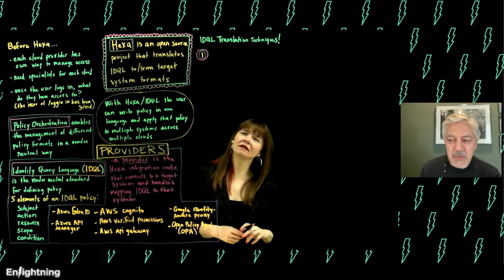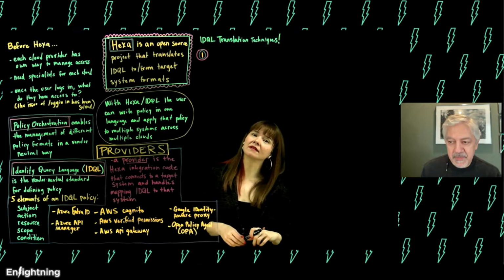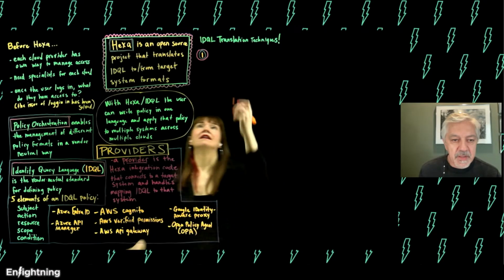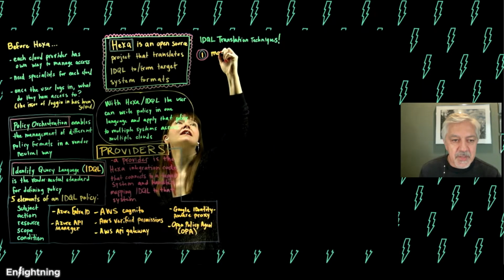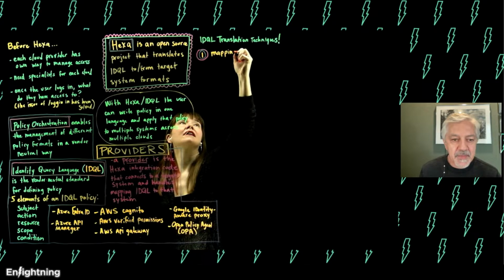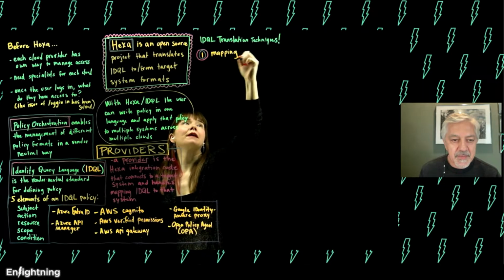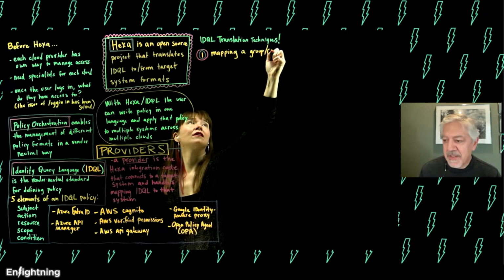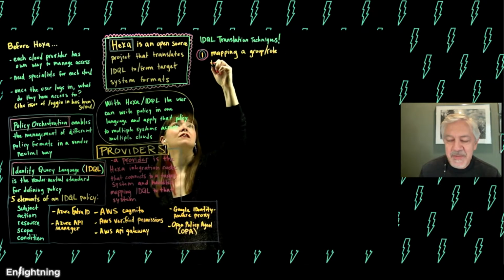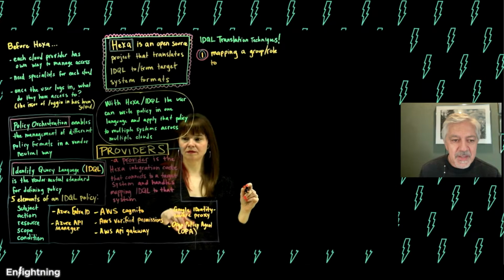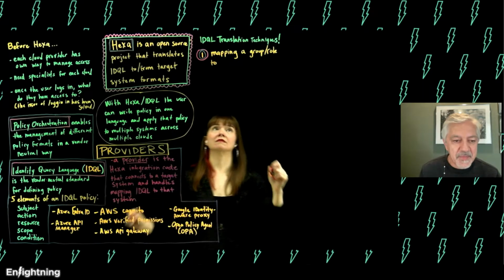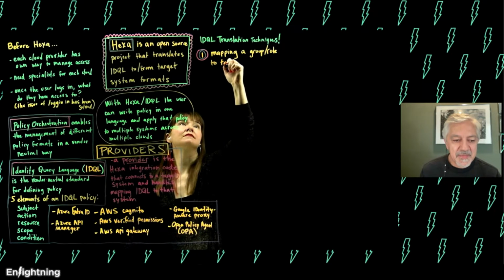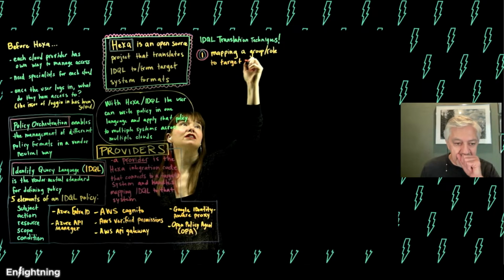So we call this mapping a group or a role to the policy API. Mapping a group or a role to the target system format.